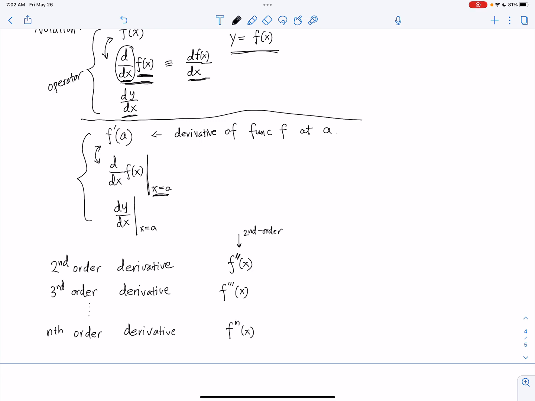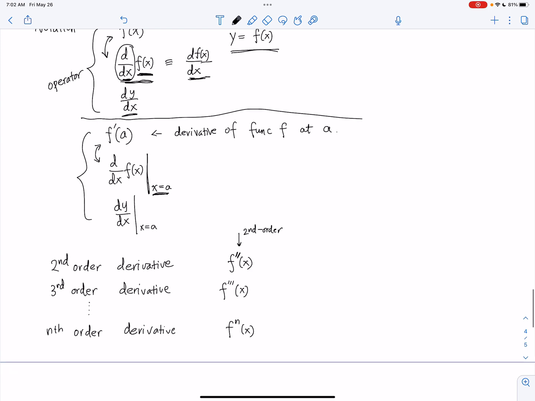N means n primes. If n equals 2, you have f^2(x). This is not the square of f. This is the second order derivative. So don't be confused about that. Because of this, sometimes I prefer to write n inside parentheses. So that's the nth order derivative.